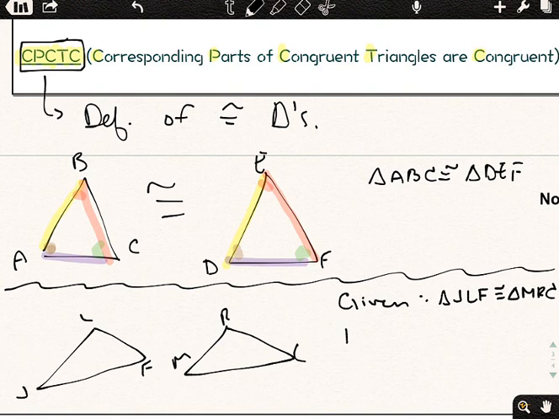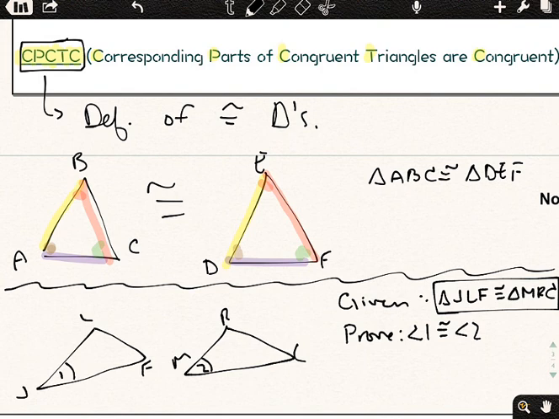Okay, and then I have to say prove angle 1 is congruent to angle 2. Well, this is automatic, and here's the reason why. Angle 1 and angle 2 are congruent because of CPCTC, because these two triangles are automatically congruent, therefore the angles have to be as well. So CPCTC is just a definition of congruent triangles, but hey, they want to give it a fancy name, so I say let them give it a fancy name.